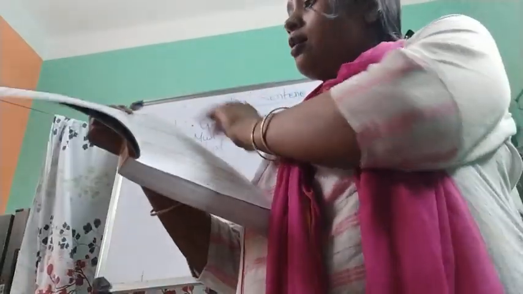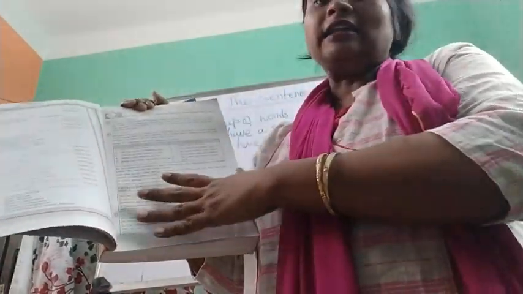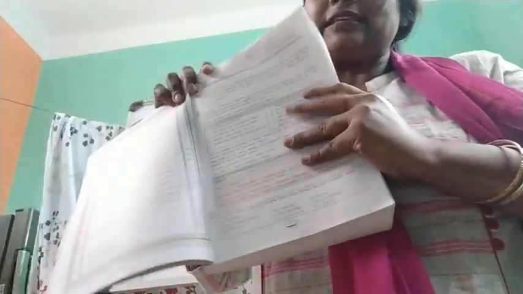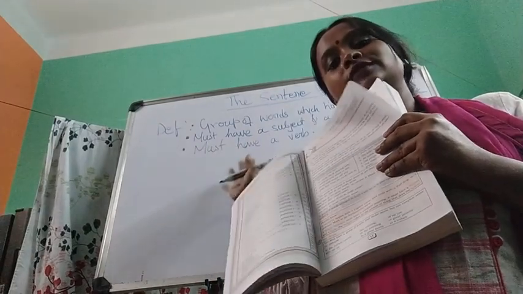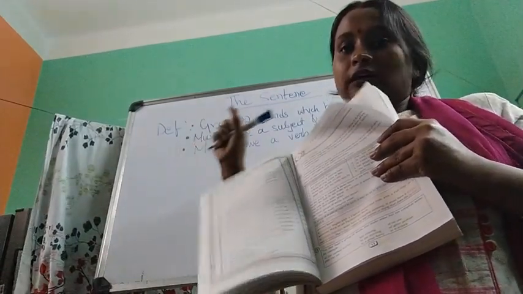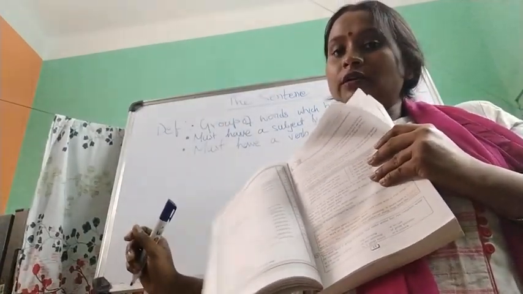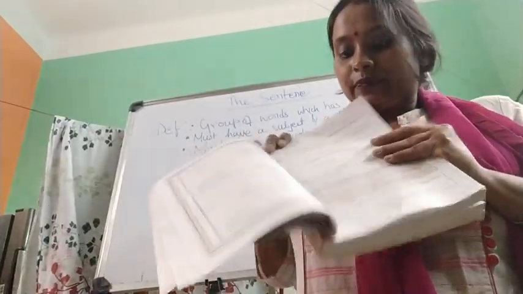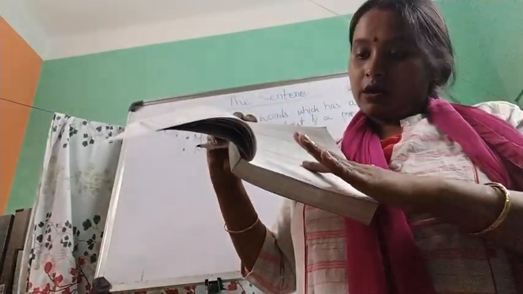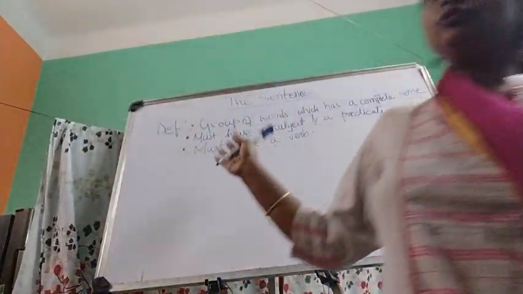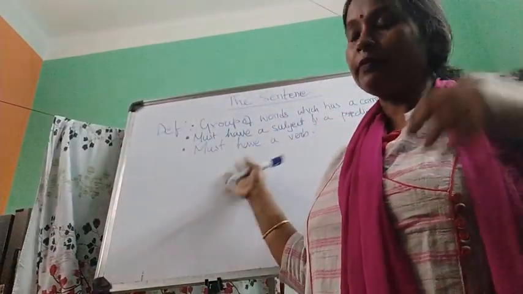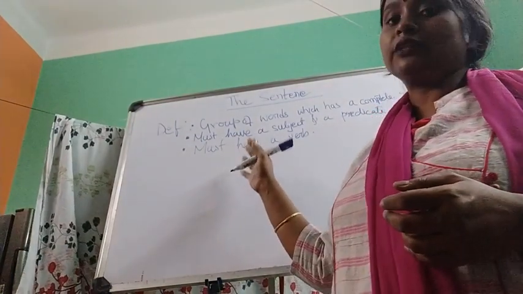Now, this is the definition, and then you have jumbled sentences. Jumbled sentences mean what? The group of words would be there, however, the meaning would not be clear. Now, here you have phrase. Now, what is a phrase? I'll also do the kinds of sentences with you, but before that, I must tell you what a phrase is.